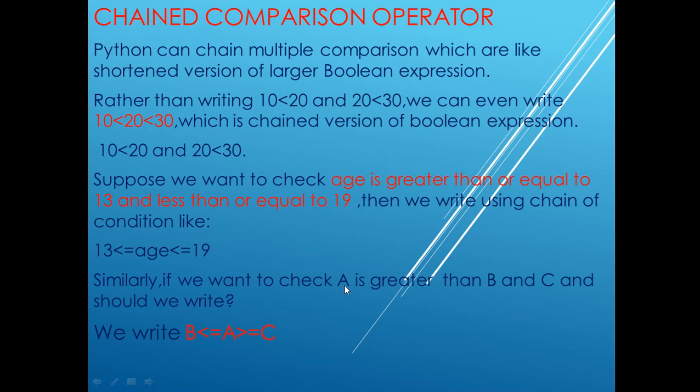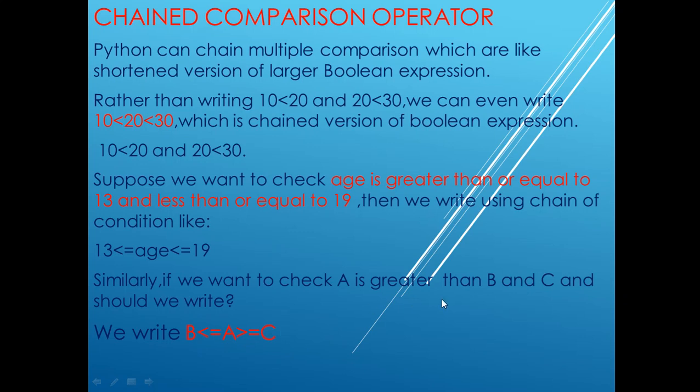We write it as B less than A, greater than or equal to C. You can think of it like that: A is greater than B and C. So A is greater than C as well as A is greater than B. You need to read it as B is less than A, just reverse it, A is greater than B. So it will be written like that using chained expressions. This is one way to understand.